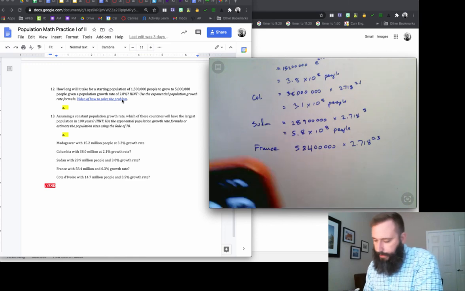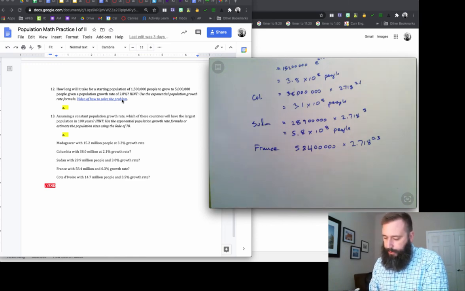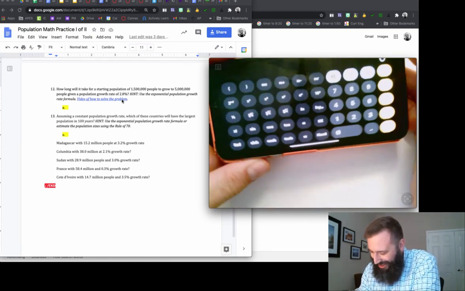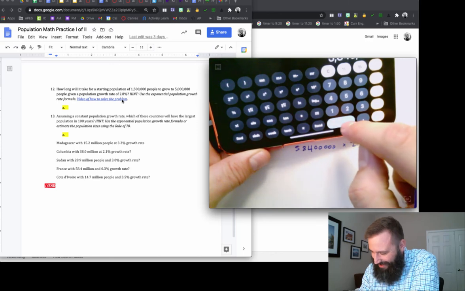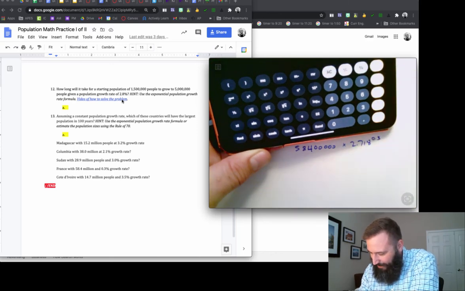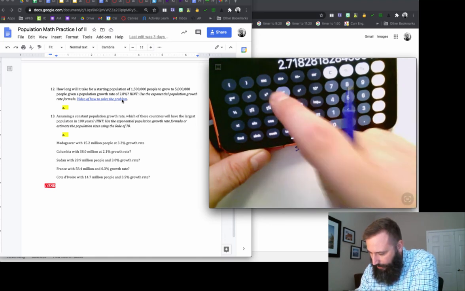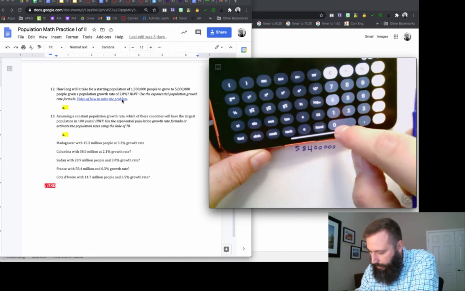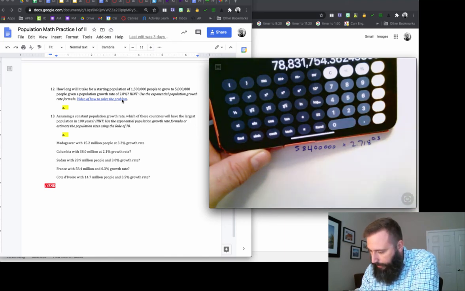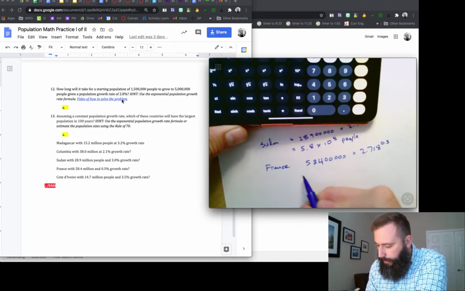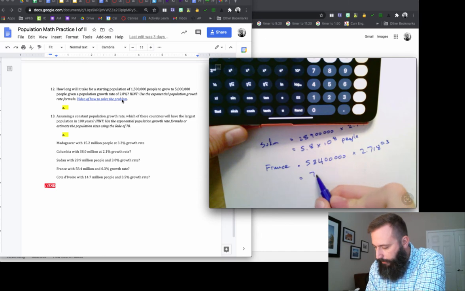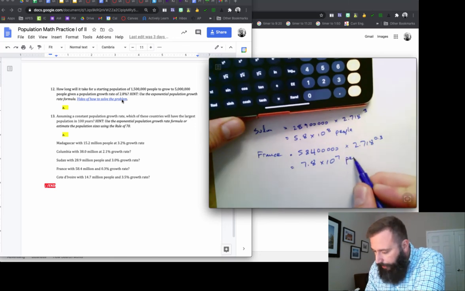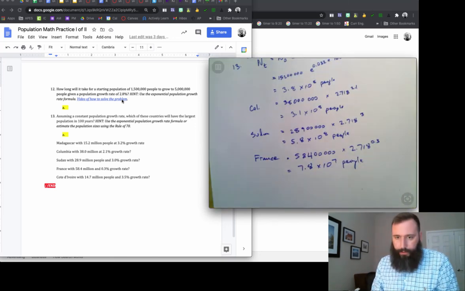Isn't this great? Just love stuff when it works. I'm getting ahead of myself. Let me do this: e to the 0.3 times 58,400,000 is equal to 7.8 times 10 to the 7th people. So small compared to the other ones. I think Sudan might be it.